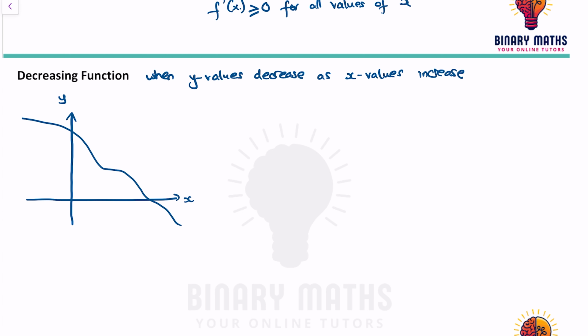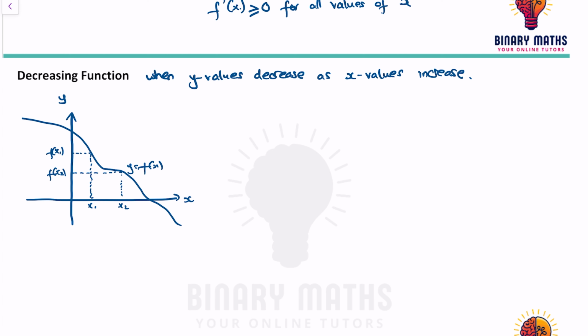So that means if you have a point on the curve, y is equal to f of x, this is x1, and this is x2, then this is f of x1, and this is f of x2.